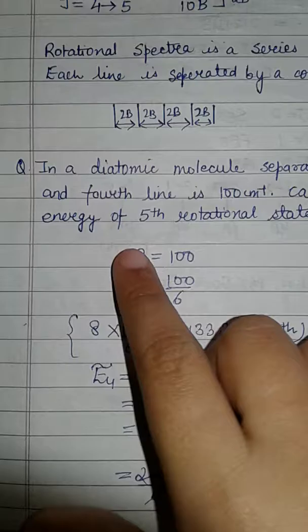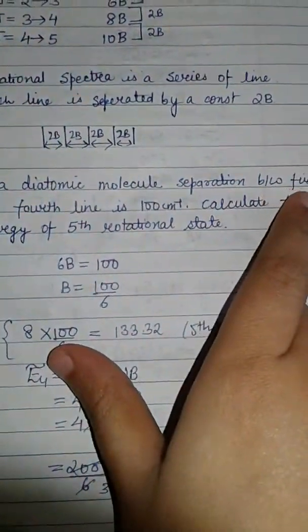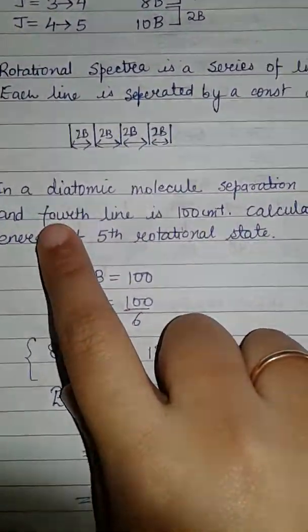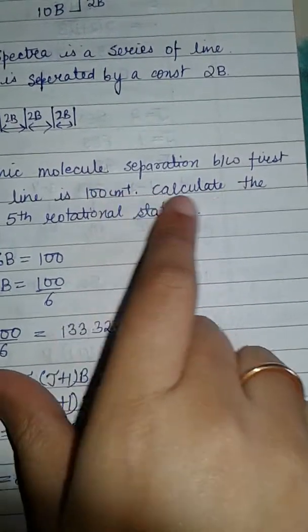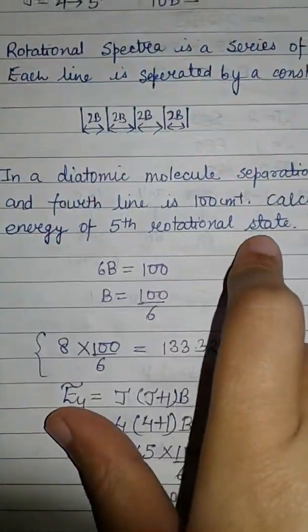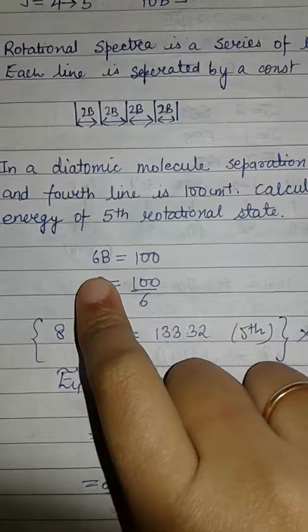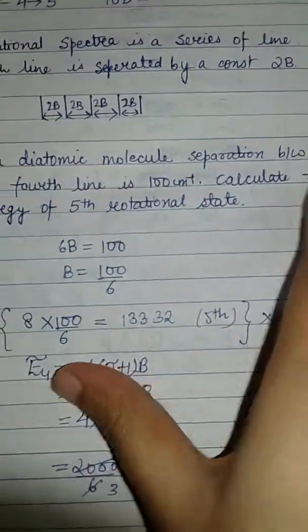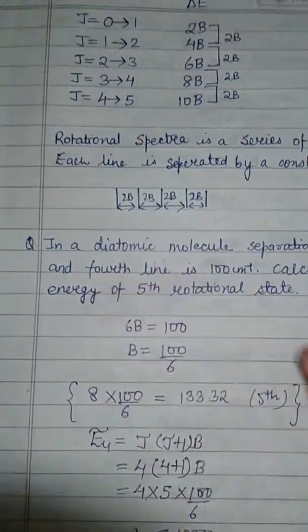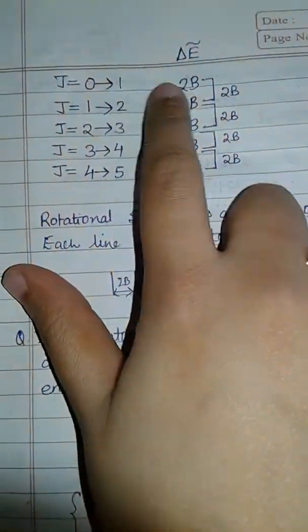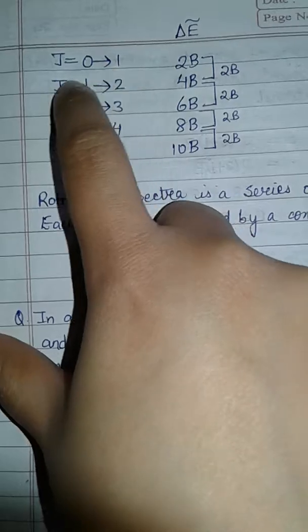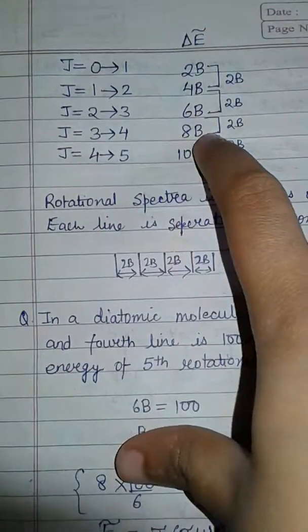Now we'll discuss two questions. In a diatomic molecule, separation between first and fourth line is 100 centimeter inverse. Calculate the energy of fifth rotational state. So what is given is the separation between first and fourth line. The first line is 2B, and counting first line, second line, third line, fourth line, the fourth line is 8B.